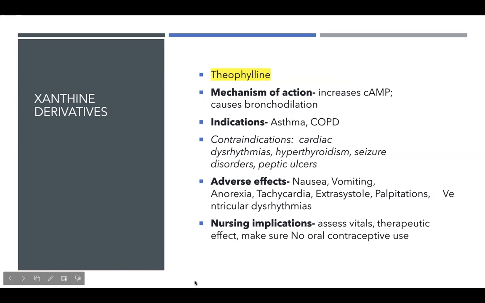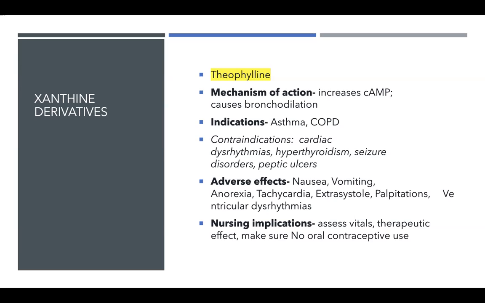Okay, so xanthine derivatives, that's going to be your theophylline. This works by increasing the cAMP and causes bronchodilation. It is used in those with asthma and COPD. It is contraindicated in those with cardiac dysrhythmias, hyperthyroidism, seizure disorders, and peptic ulcers.